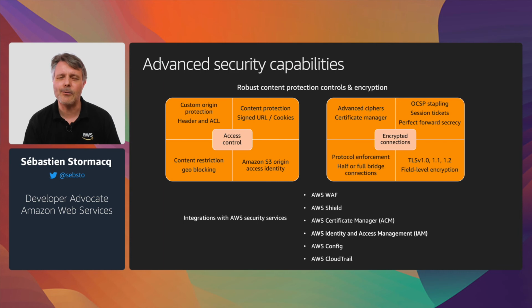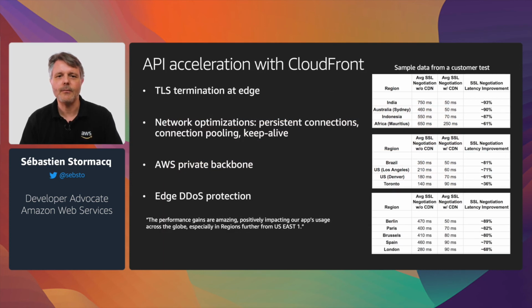You can restrict content per geographic area or countries if you have content which is licensed that you cannot distribute outside of a specific country. It's something you can define at CloudFront level as well. And it integrates with our web application firewall or Shield service for advanced DDoS protection.